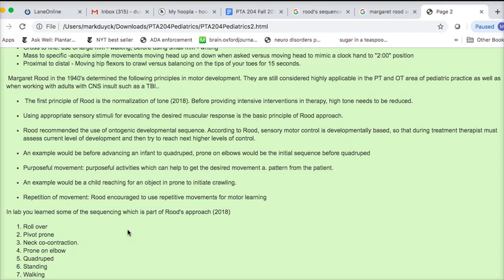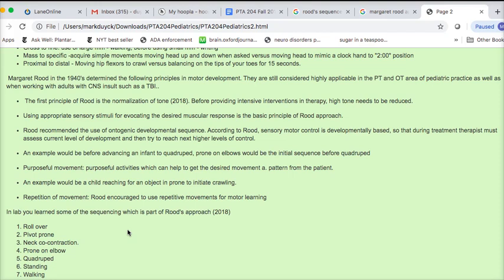But the first underlying principle for Rood is the normalization of tone, and this makes sense. If someone's in real high tone and it prevents them from moving, spasticity, you'll want to at least reduce the tone. Now, we do know that sometimes tone can be quite functional, so we have to keep that in mind. But overall, if someone's in very high tone because of an upper motor neuron problem, you do want to reduce some of that tone to allow movement.